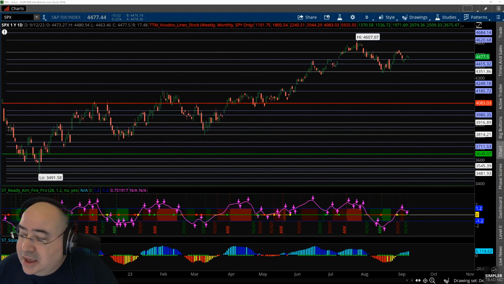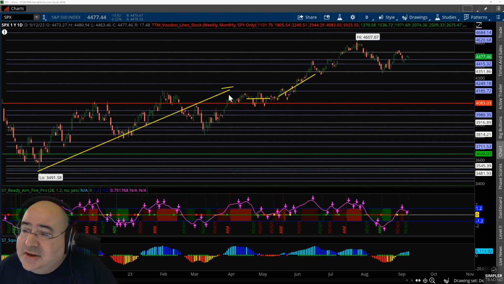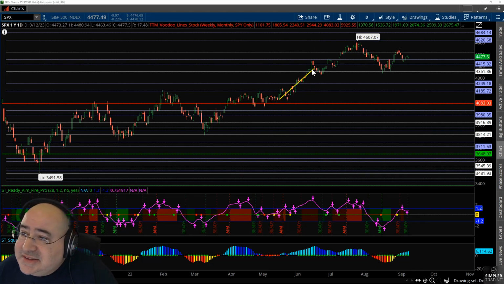Well, as usually happens, but not always, after consolidation, price usually continues the trend it was on, which since last October has been to the upside. And Ready.Aim.Fire Pro also has these pro thrust dots that indicate the propensity for the market to accelerate in the direction of some trend.